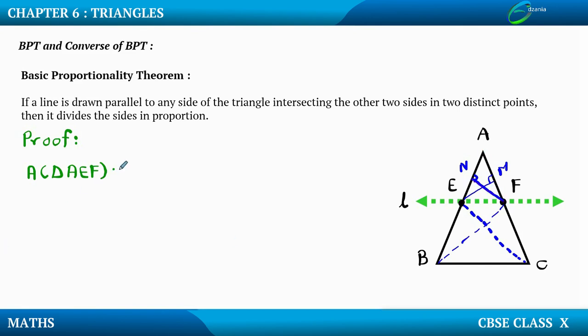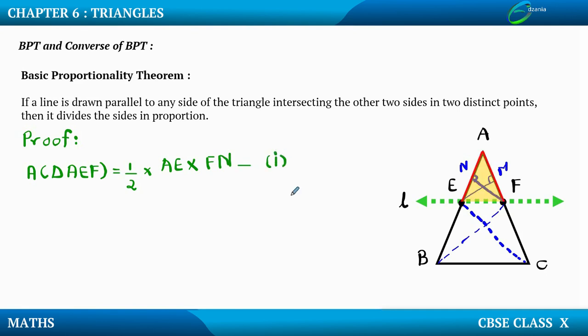So area of triangle AEF will be half into base. I'm taking base as AE. So I can write down half into AE into, I'm taking height as FN. I'm naming this as statement 1.